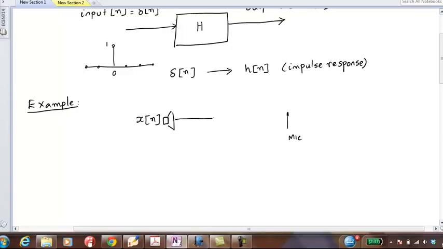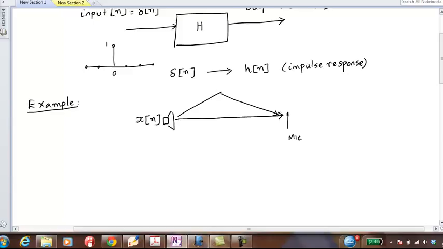You may have one path that directly reaches from the speaker to the mic, what's called a line of sight path. But you may also have a reflection from the wall, but the reflection may take a little longer to arrive, and there may be some attenuation because of the reflection from the wall.